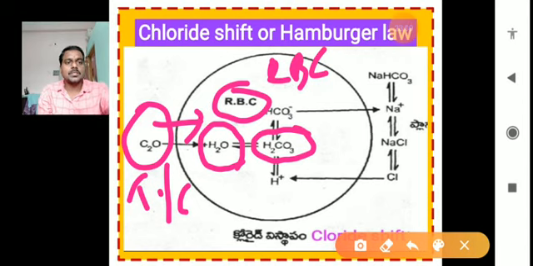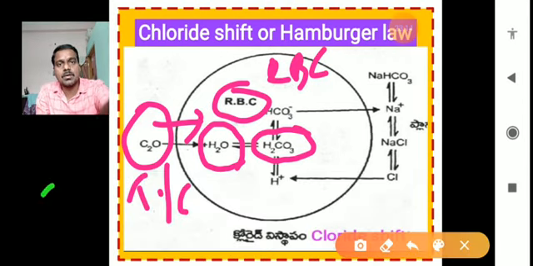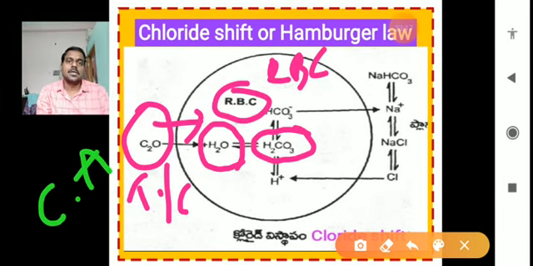This carbonic acid is formed with the help of the enzyme carbonic anhydrase, which converts carbon dioxide and water into H2CO3.